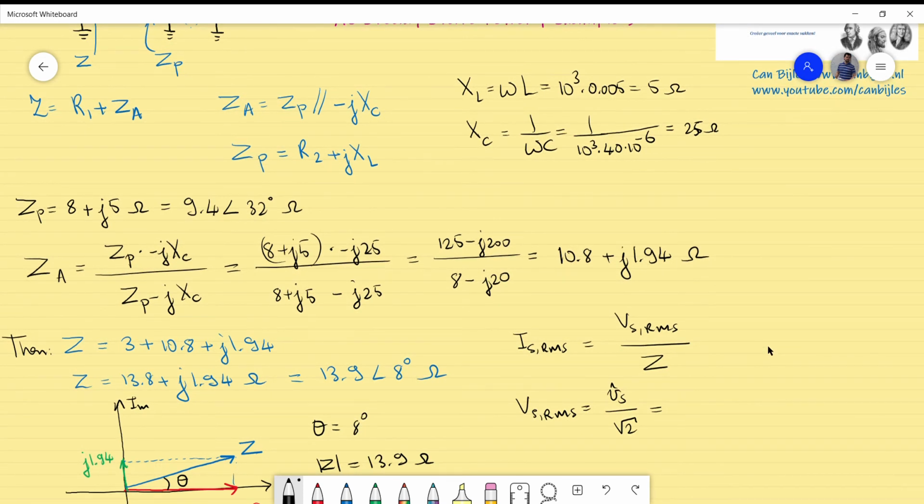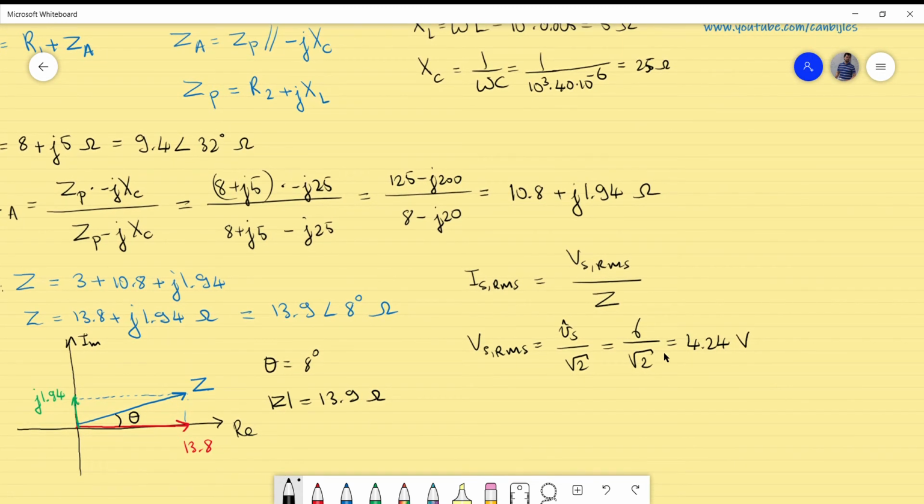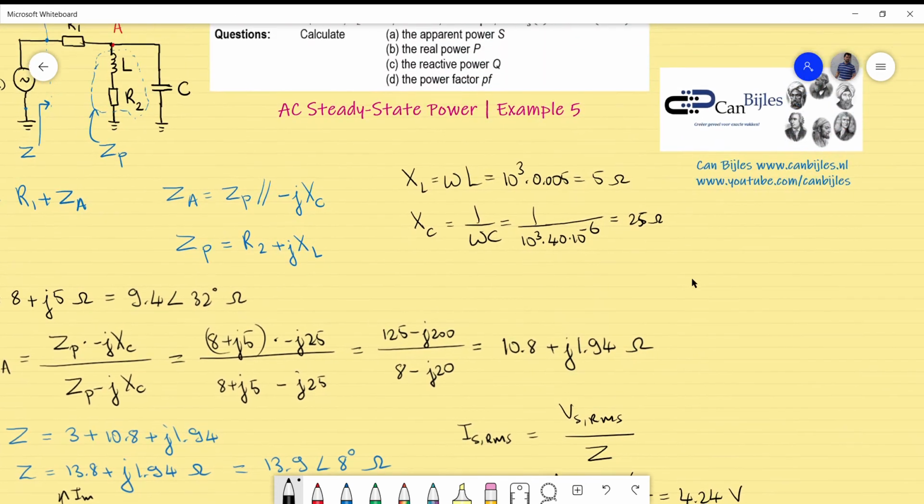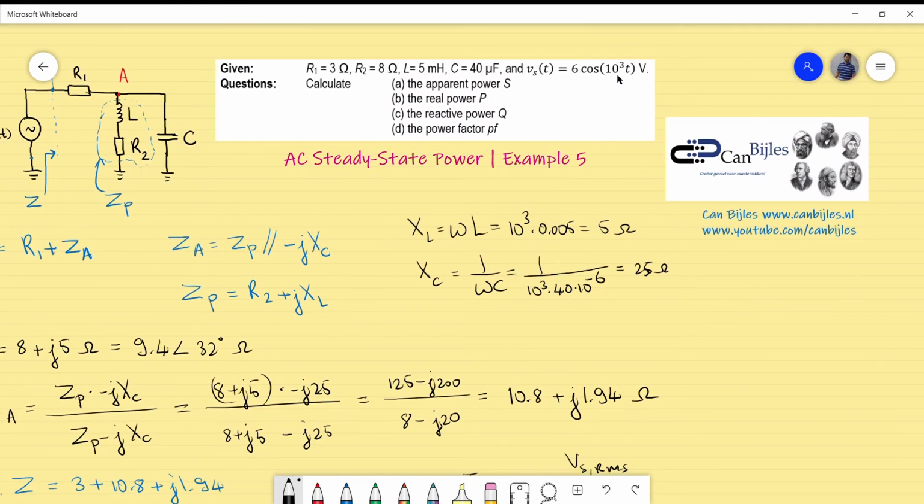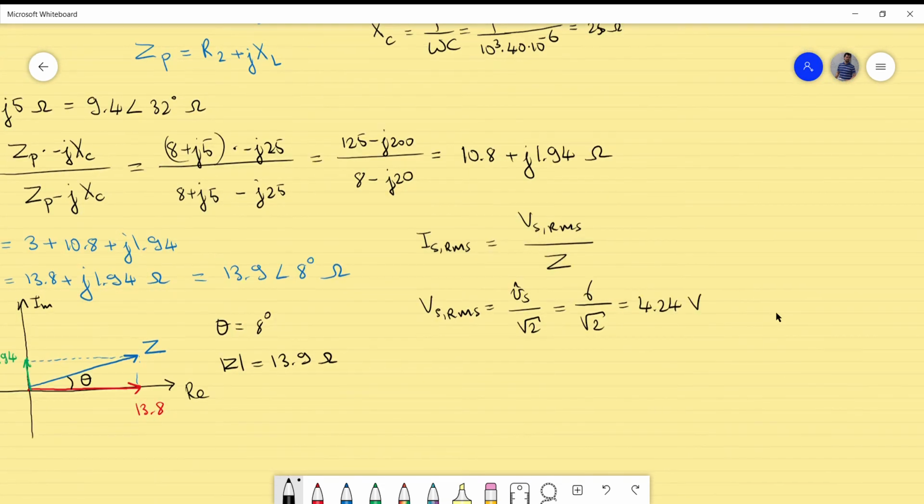So we'll have 6 divided by square root of 2, which will result in 4.24 volts. Of course, I would like to continue with the phasor notation, so I will look at the expression for the voltage source Vs, which has a phase orientation of 0 degrees, so I can also substitute that in the expression. So what do we have?